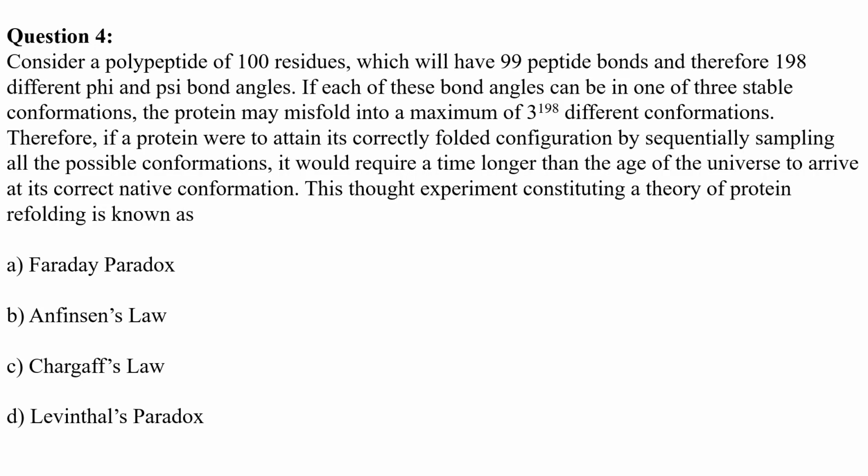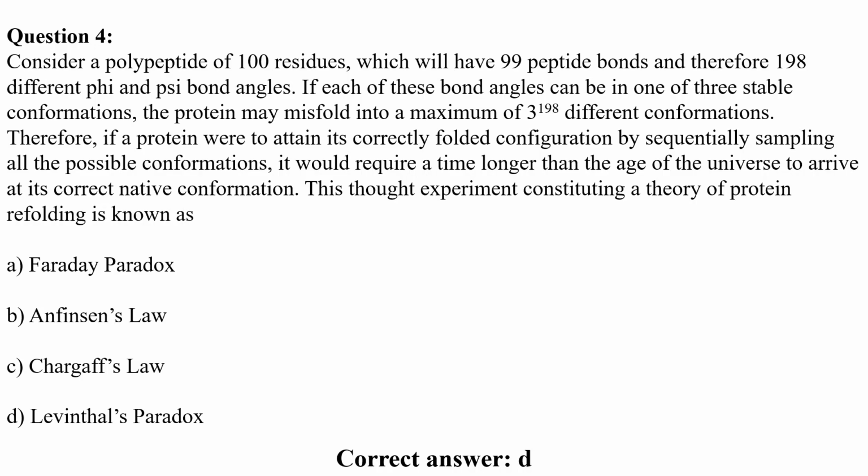So this thought experiment was actually suggested by a renowned scientist, and this whole experiment is called Levinthal's paradox. Option D, Levinthal's paradox. It's a paradoxical statement because it actually doesn't happen like that, right? When we have the primary sequence of the protein, it already knows that it will fold into one particular stable conformation.